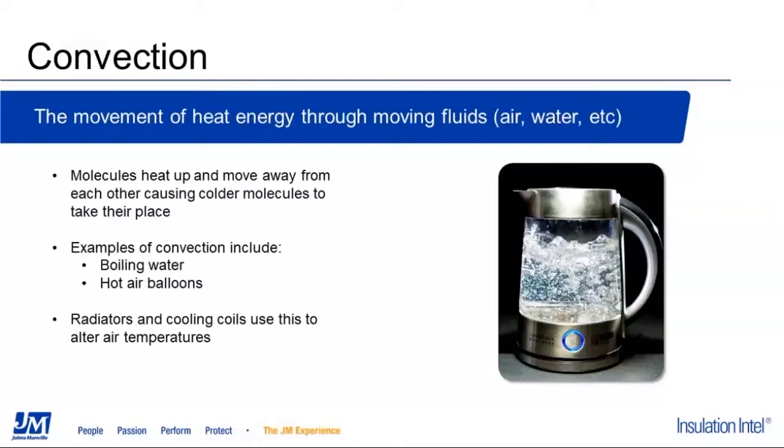So in a system that's boiling, you have a heat source at the bottom. The molecules are heating up and expanding, becoming less dense. Those hot or less dense molecules will rise, and the colder molecules at the top will drop down and create this current. Examples, like I mentioned, boiling water, but also hot air balloons.